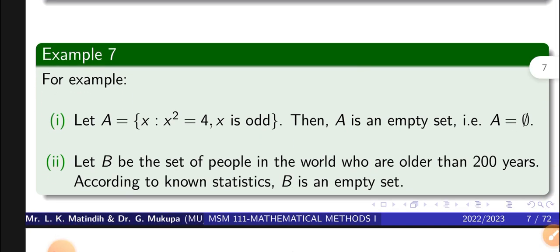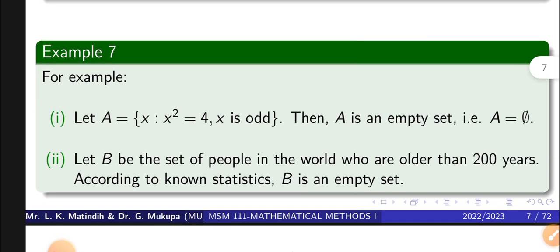For example, we have an example here. Let A be equal to the set of X such that X squared is equal to 4 and X is odd. This is an empty set because there is no way you can square an odd number and come up with an even number. Odd numbers are numbers like 3, 5, 2n minus 1 or 2n plus 1.